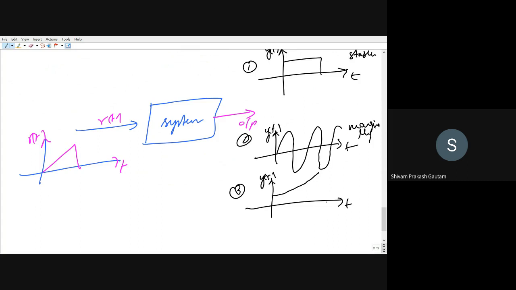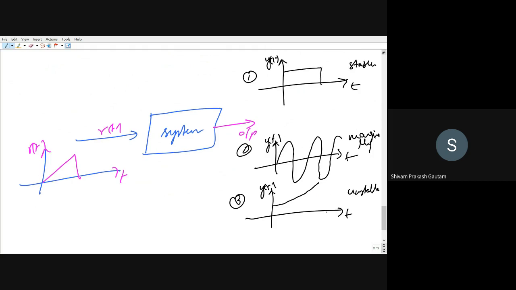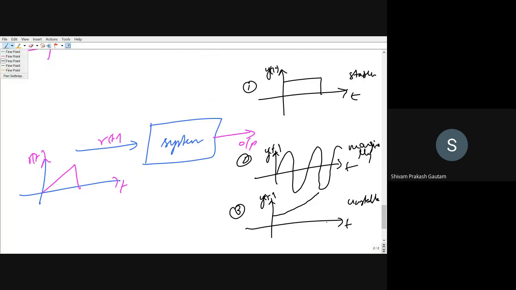So this type can be called an unstable system. So given a system, if you are providing the bounded input and getting the bounded output, then we can call that system a stable system. If you are getting an oscillatory response, then we can call that system a marginally stable system. And if you are getting an unbounded response, then we can call that system an unstable system.